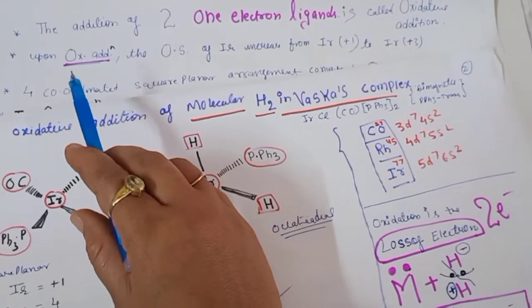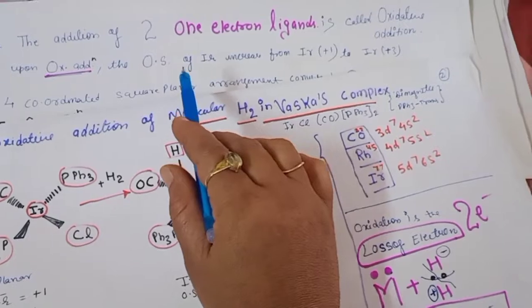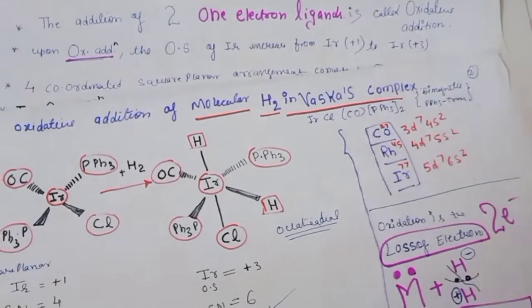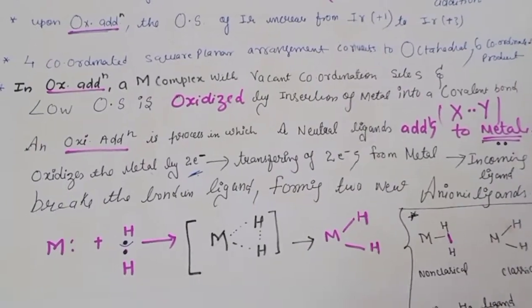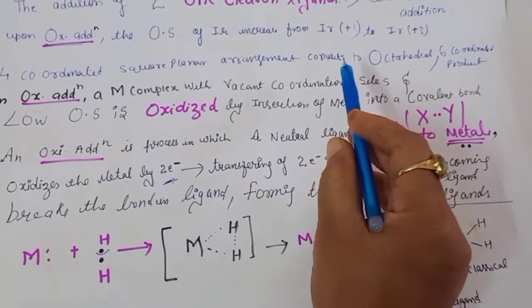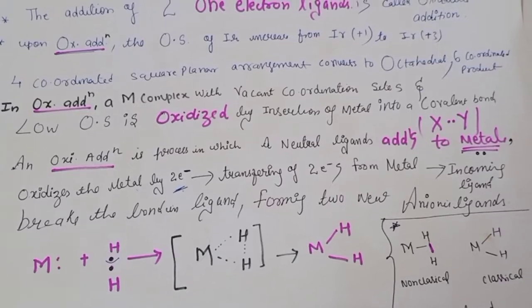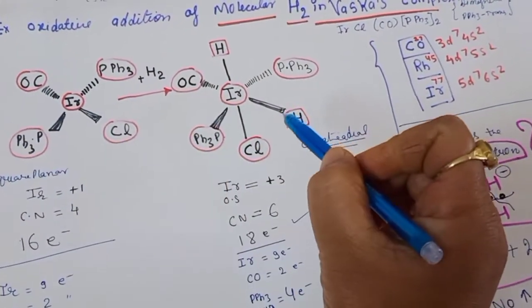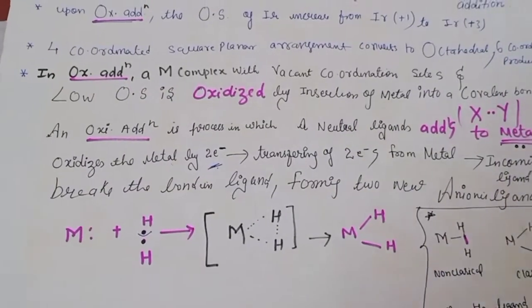Upon the oxidative addition, the oxidation state of iridium increases from +1 to +3. This is important, and the 4 coordinated square planar arrangement changes to the 6 coordinated octahedral complex.